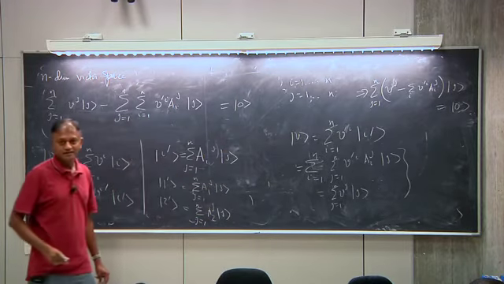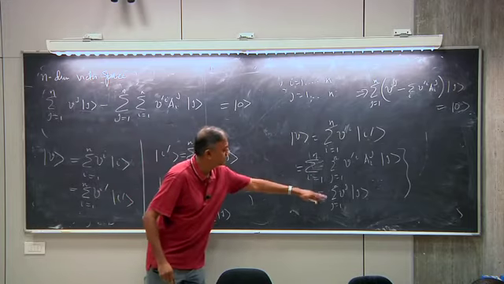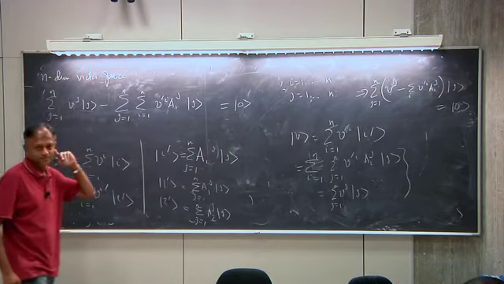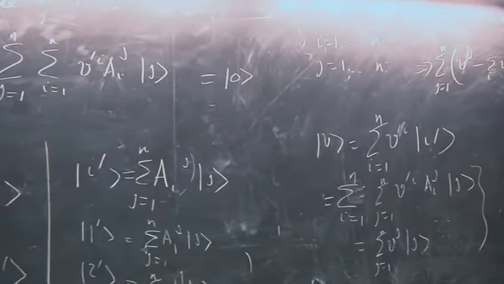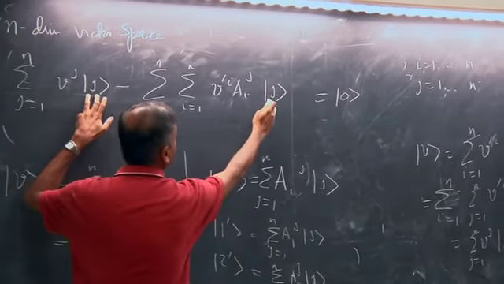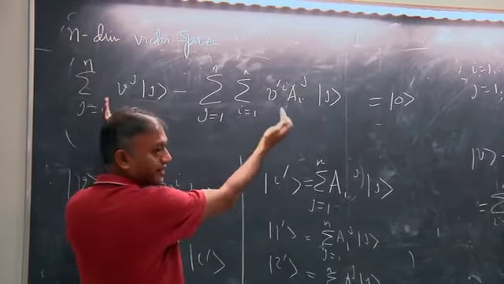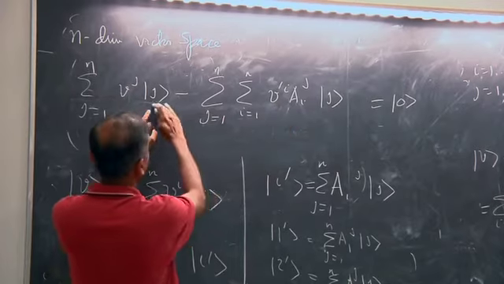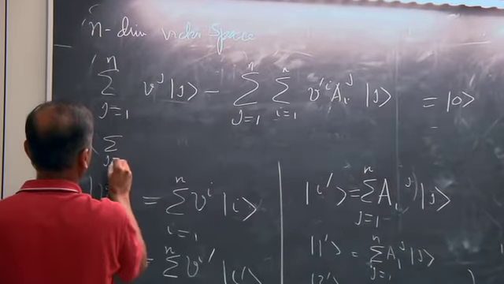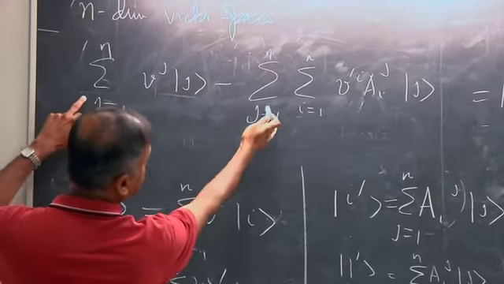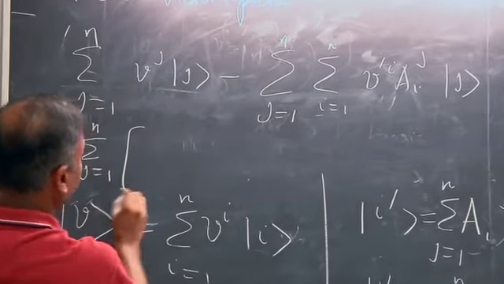That's what we are saying, right? Because these two are equal, the difference between these two must be the null vector. Now what I'm doing is taking the jth vector here and putting its coefficients together. So take j as a common factor. When I take j as a common factor, j equal to 1 to n, this summation is also common, so I put everything outside.